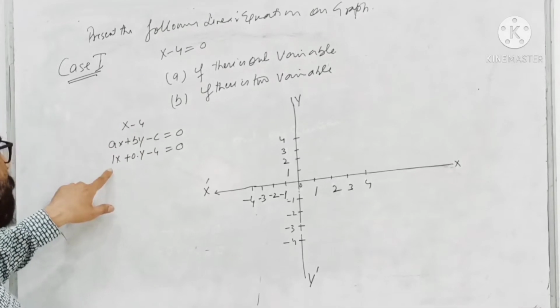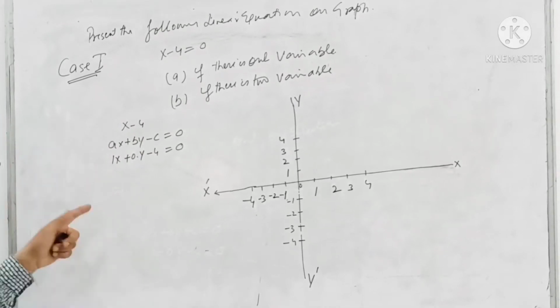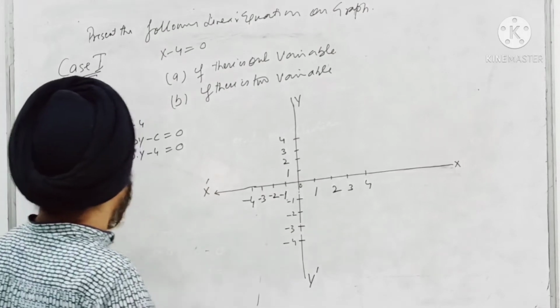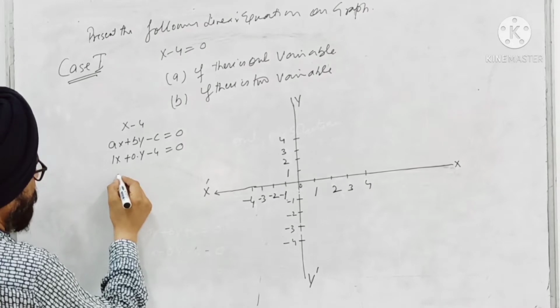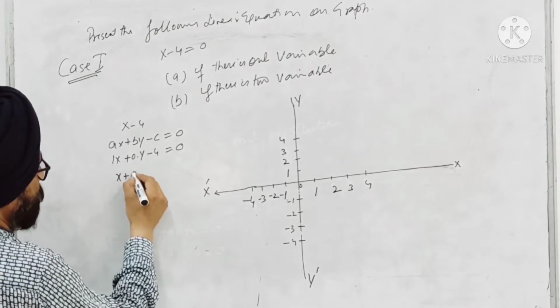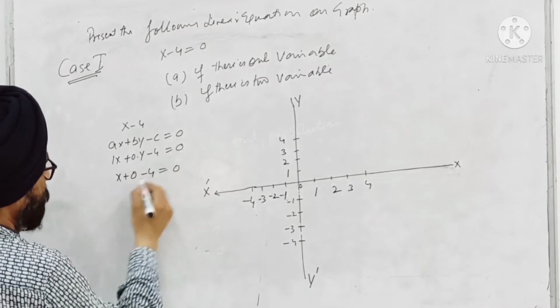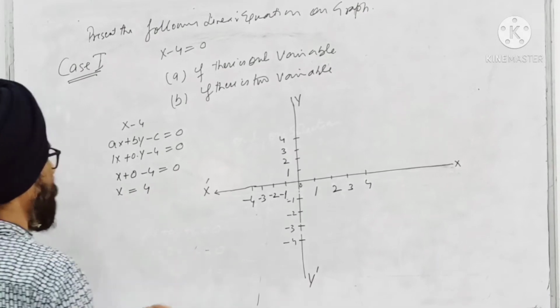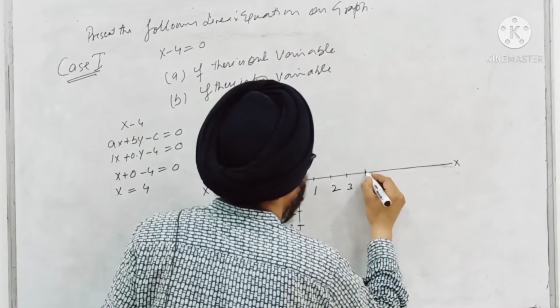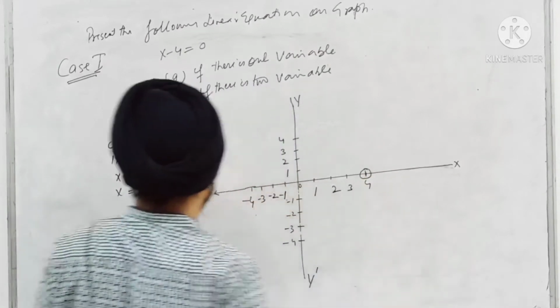Only x is given, the value of a understood is 1. When we solve this, x plus 0 minus 4 is equal to 0, x is equal to 4. The value of x is 4.